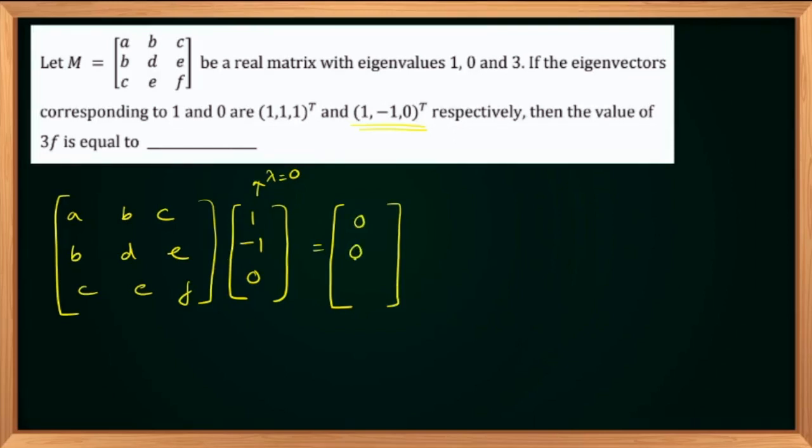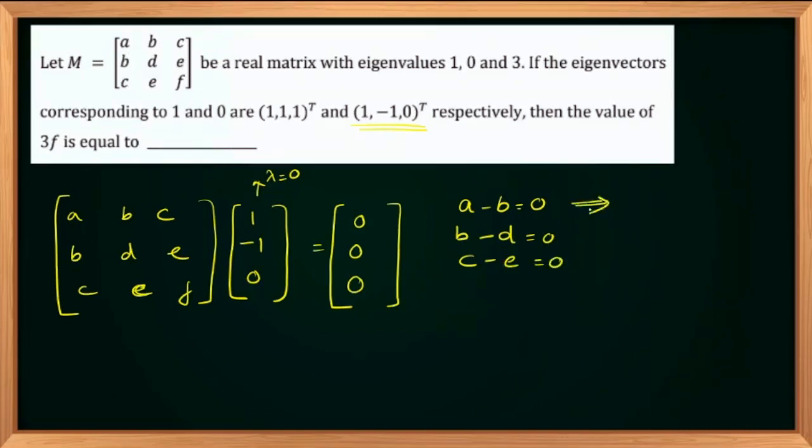So everything will be 0, correct? From here, I will get A into 1 minus B into 1 plus C into 0 equal to 0. So A minus B equal to 0. B minus D equal to 0 and C minus E equal to 0.